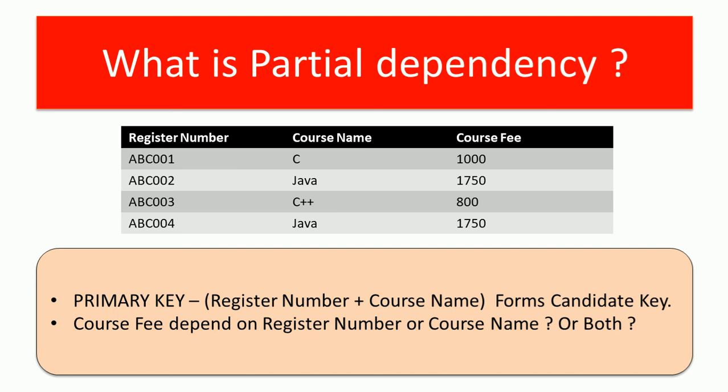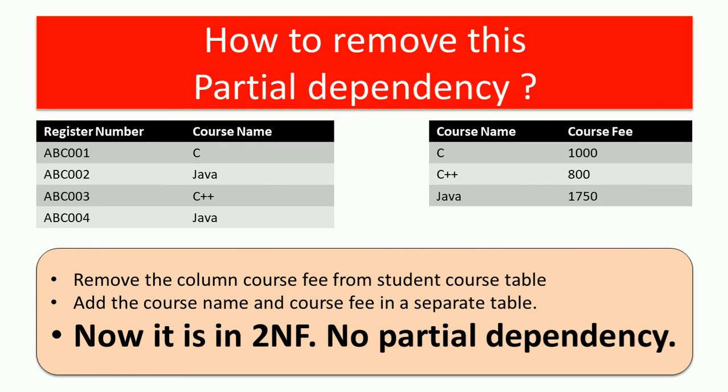So how can we remove this partial dependency? Simple. We can split this table into two tables: register number and the registered course in a single table, and course name and course fee in the other table, like this. Register number of a student and his registered course in the first table, and course name and corresponding course fee in the other table.